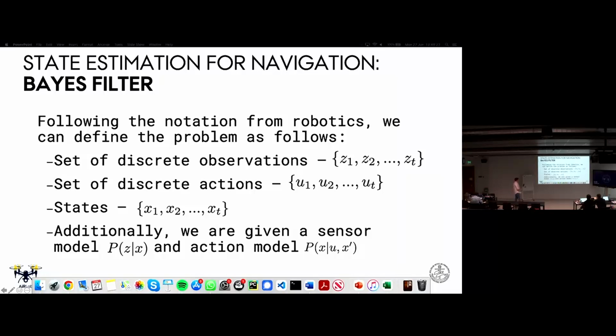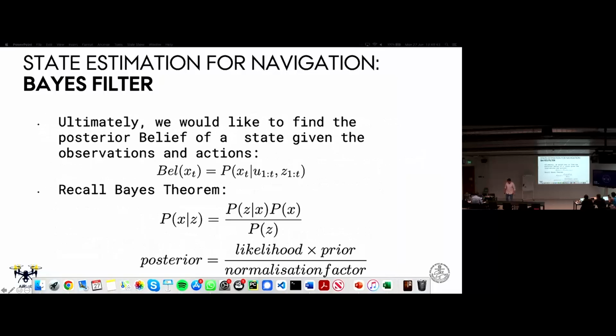So if you're currently in a state x, we can say the probability of us changing into state x dash is given by the action we take and the previous state in which we have found ourselves.